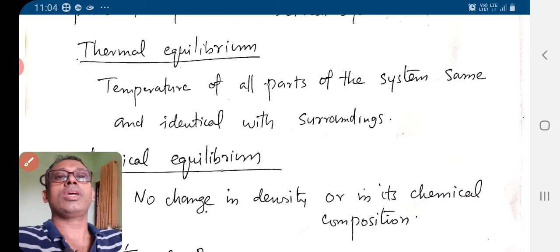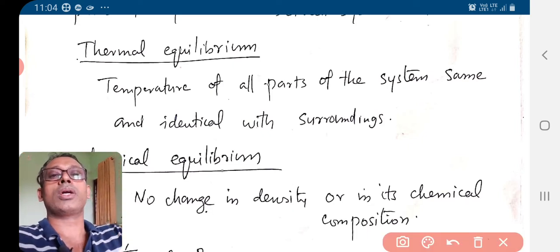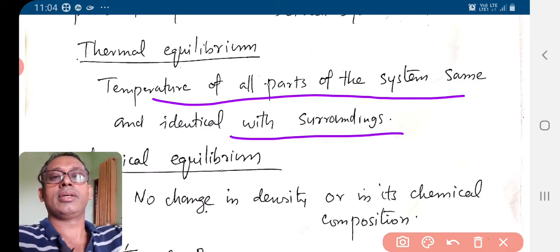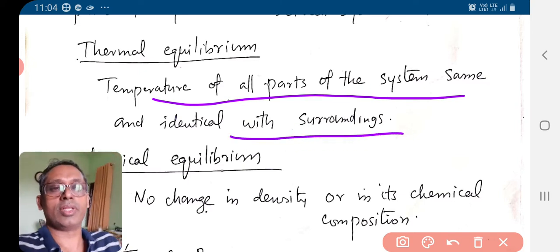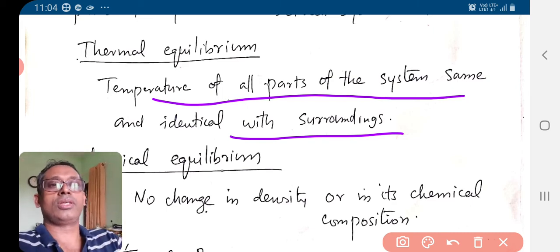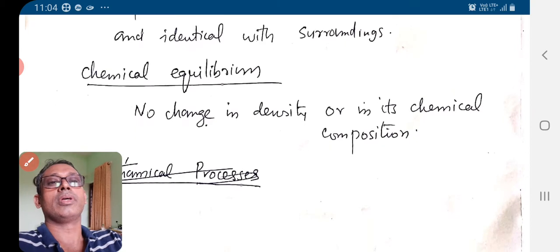Then what is thermal equilibrium? The temperature of all parts of the system is the same and it is identical with the surroundings. Then we say the system is in thermal equilibrium. Then chemical equilibrium.